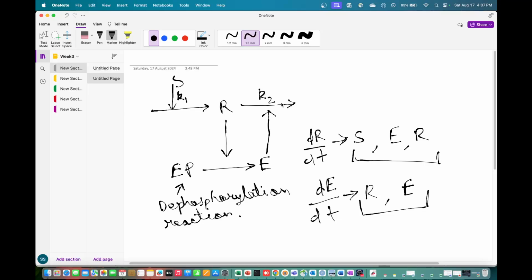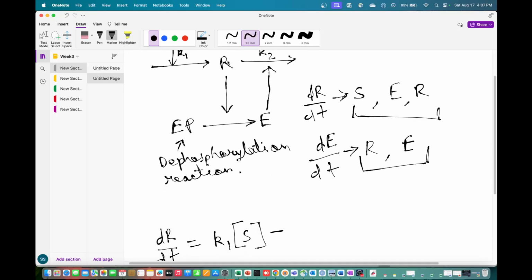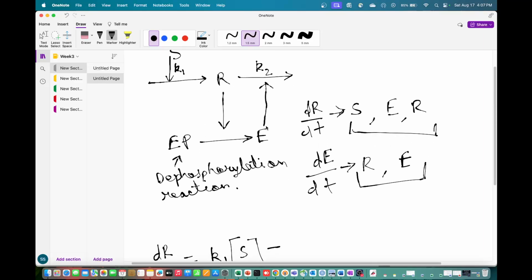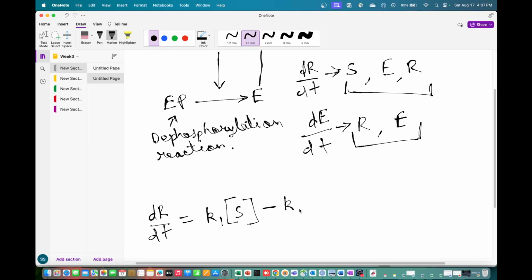So R is getting degraded at rate K2, which is helped by E. So let's tackle R first. It will be a negative of K2 times R, right?